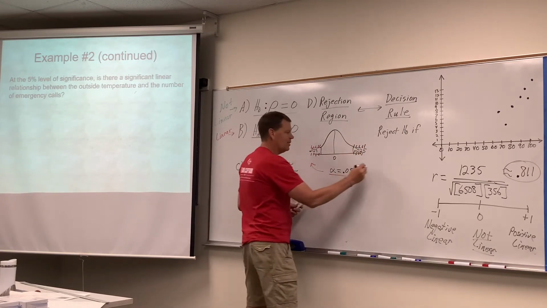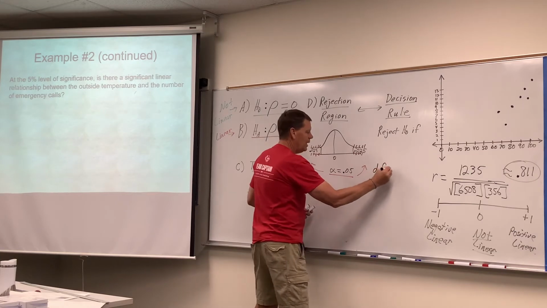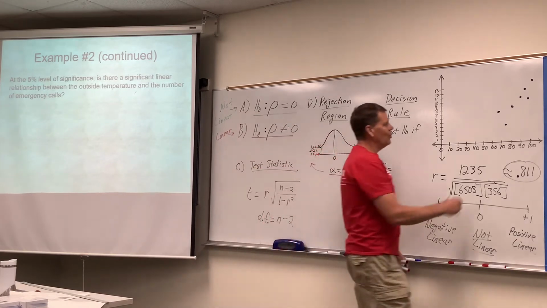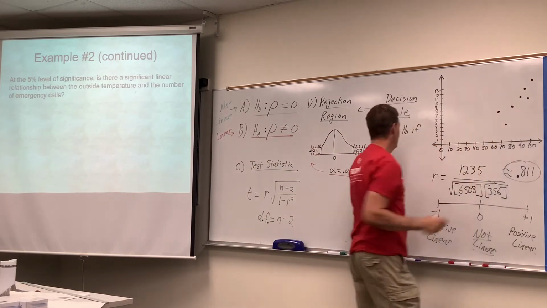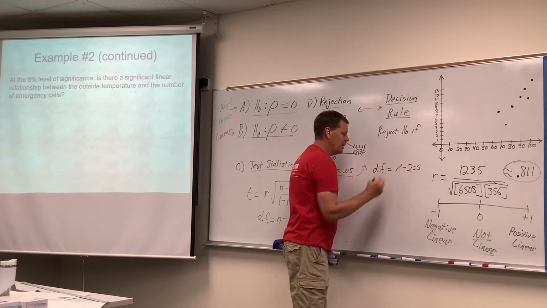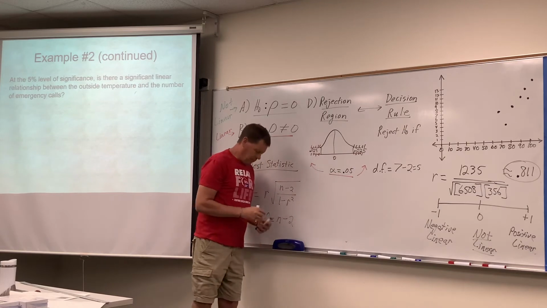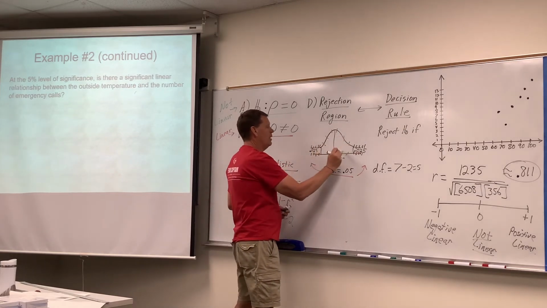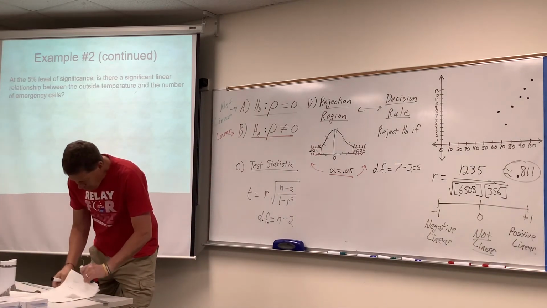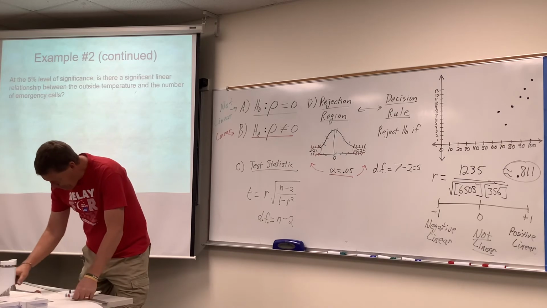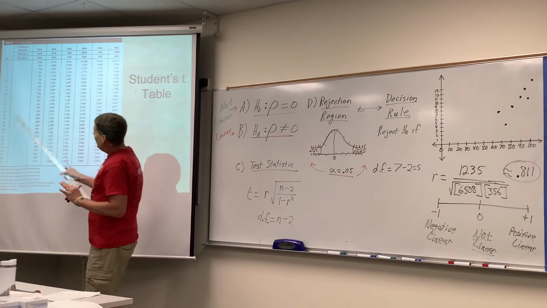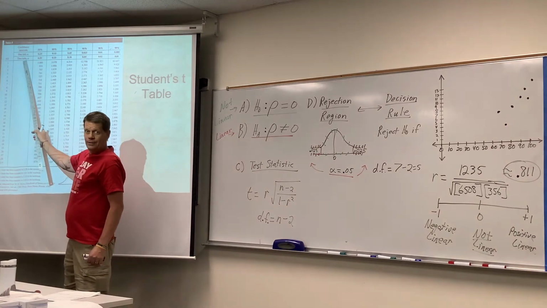And the other element is degrees of freedom, n minus 2. Let's see, how many data points do we have? 1, 2, 3, 4, 5, 6, 7. 7 sample data points. And so that's 5 degrees of freedom. That's important. So here's how we would read this from our t-table. You see this row here that says 2 tails?